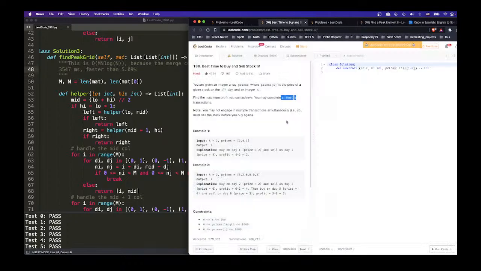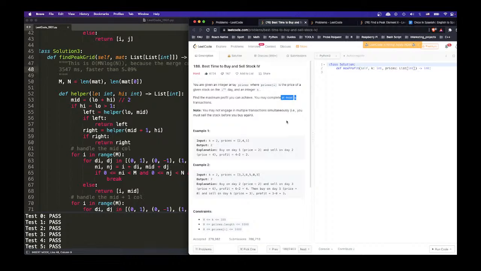So transactions translate to how many states, how many H and E we're talking about. If you have three transactions, then the state can be H, H, E, H, E, H, like this.